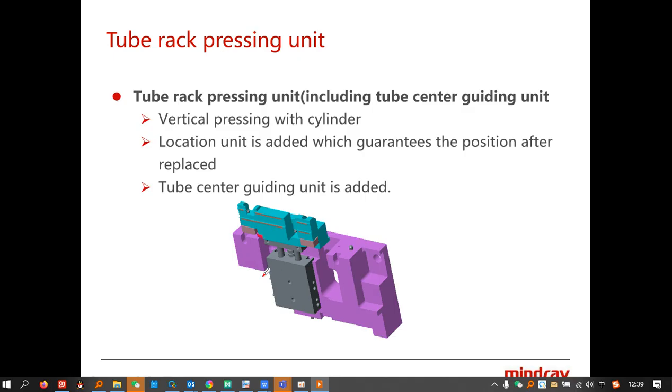And the rack pressing unit is the same with the KELS 8000. The cylinder drives this block to move up and down to press the racks, and at the same time another unit can move outward to fix the sample tube, to make the sample tube vertical, and then the piercing probe pierces into the sample tube and aspirates.